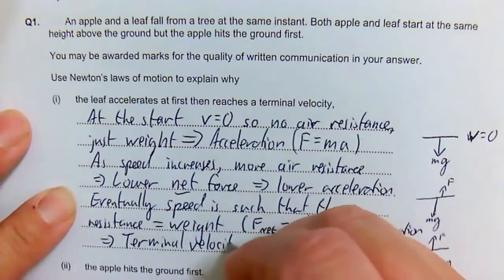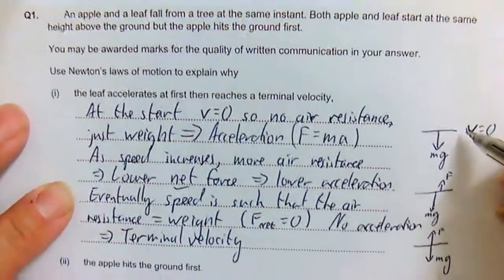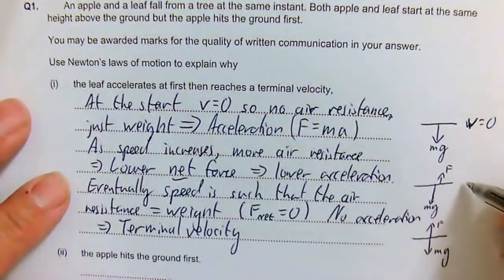Okay, so the idea is that the leaf initially starts to fall. As the leaf falls, it's moving downwards with a velocity.